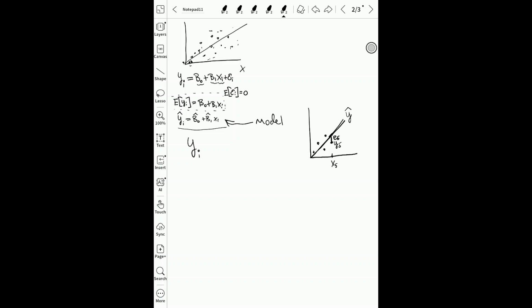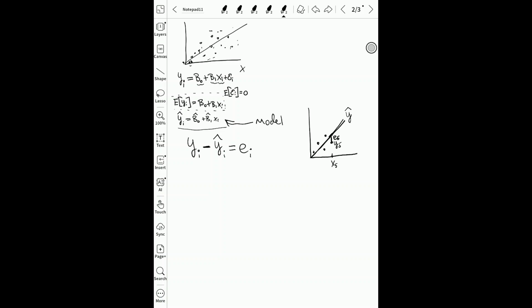So for any ith y value, the difference between that y ith value and the associated y hat value is equal to the ith e value. And this is how we're going to formally define our errors.